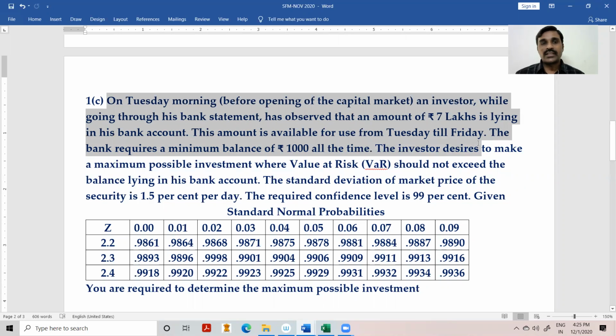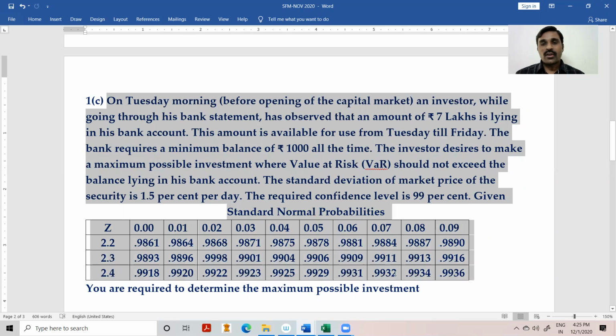The investor desires to make a maximum possible investment where value at risk should not exceed the balance lying in his bank account. The standard deviation of market price of the security is 1.5% per day. The required confidence level is 99%. Given standard normal probabilities, you are required to determine the maximum possible investment.